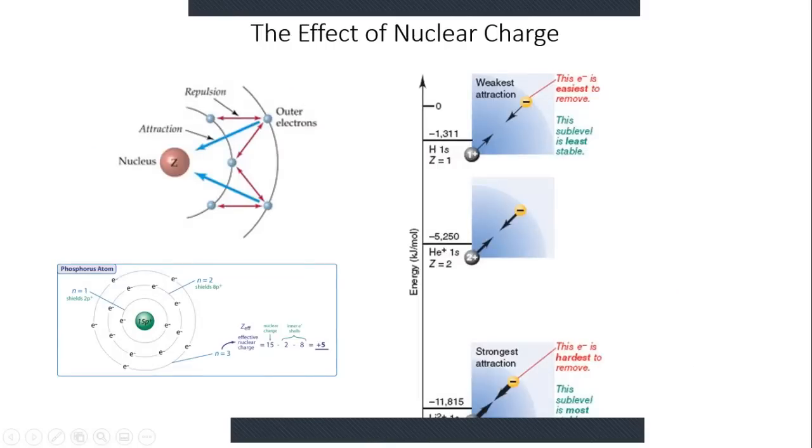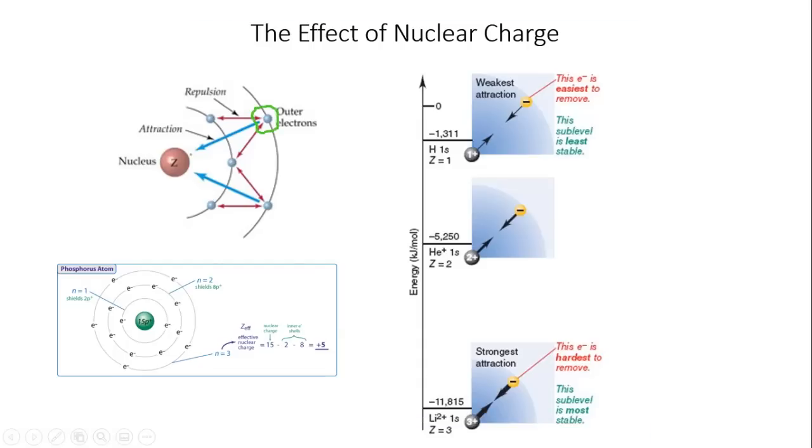So let's look at effective nuclear charge. When you have outer electrons, they do feel a pull from the nucleus. However, there's repulsion from the inner electrons, which pushes them out. For example, here we have hydrogen, which is a +1 charge. It's going to attract this electron, but it's only +1, so it's not a strong attraction.